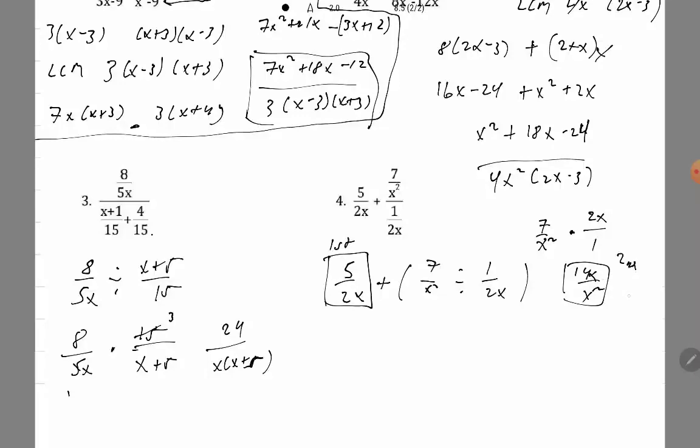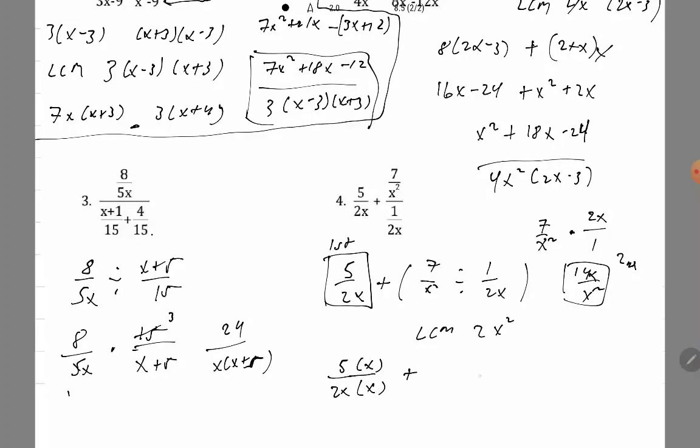Now we're going to be adding them together. So we have 2x on the bottom, x squared on the bottom. So my LCM is 2x squared. So my left fraction, multiply top and bottom by just x, because that's all it's missing.